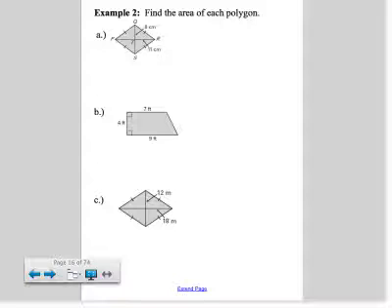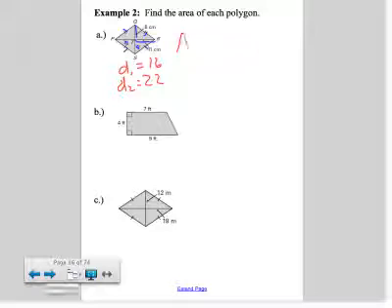All right. So let's find the area of each polygon. This is clearly a rhombus. It's marked, all four sides congruent. That means it's a rhombus. You'll notice this piece here is 11, which makes this piece 11, and since this piece is 8, that makes that piece 8. So your two diagonals, D1 here is 16, and D2 here is 22.